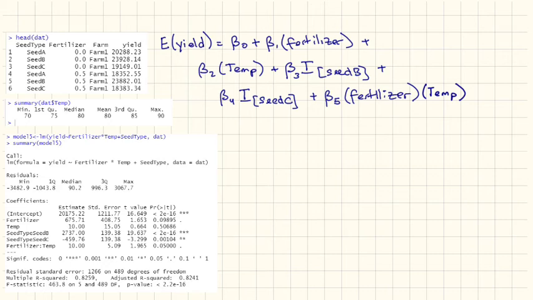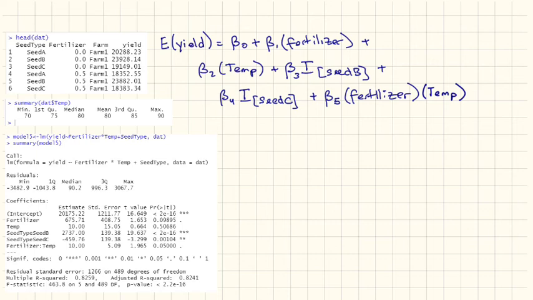And you can look down and you can see fertilizer and temp. And that's because temperature is numeric, so it only gets one covariate. It doesn't have a bunch of them. It's really hard to understand unless you pick values of one or the other. So you either pick values of fertilizer or values of temperature.